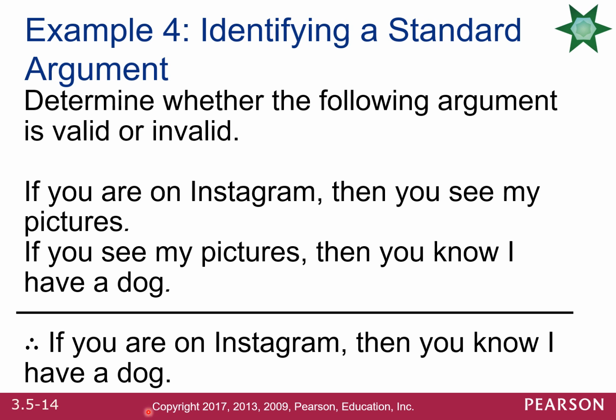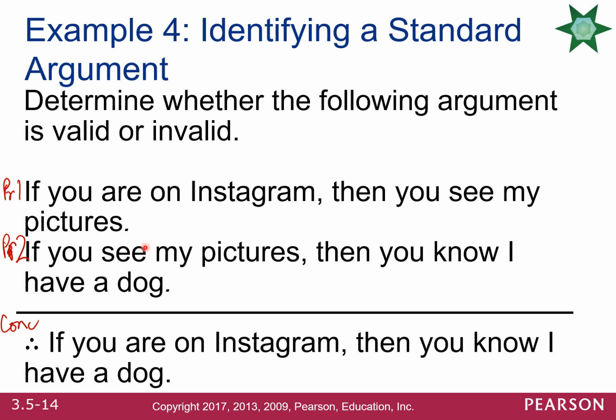Let's look at this example here to determine whether the following argument is valid or invalid. So let's read through the premises. We have premise 1, then a second premise, and then we have the conclusion. But we first have to put them in symbolic form.